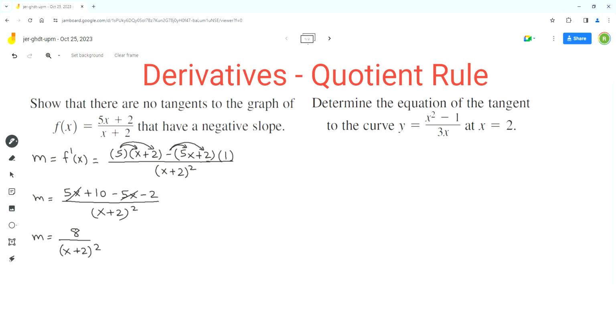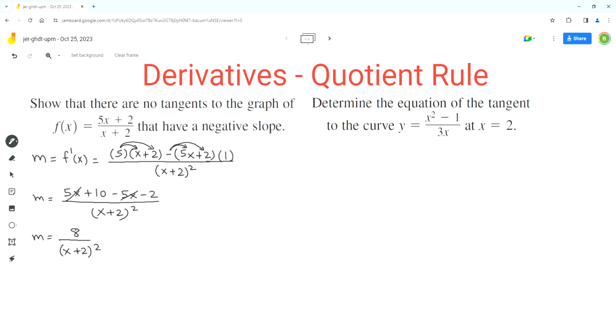Now if we analyze this expression, for all x values, this expression will have a positive value because the numerator is 8, so that won't be affected by the x value whether it's positive or negative, and the denominator is a perfect square, so for every x value, positive or negative, the denominator will be a positive number.